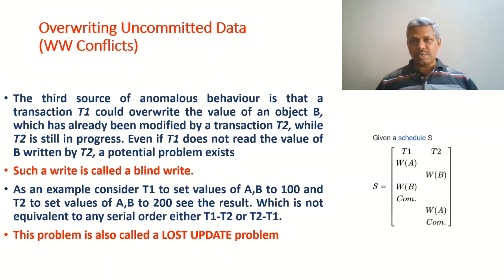So this interleaving of operations of these transactions is in no way consistent with either of the serial schedules. This is one kind of inconsistency, and it may leave the database in an inconsistent state. This problem is also called the lost update problem, since the update done by one transaction is overwritten by another transaction.